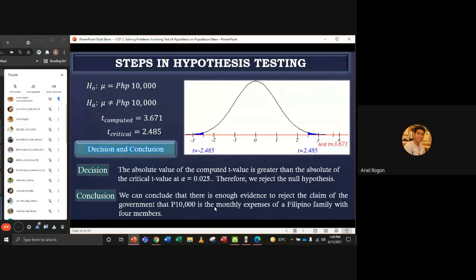What are the possible reasons, based on your family needs? Sa inyo ba, enough ba yung 10,000? Kailangan, pag sa conclusion, we need to support our conclusion. Bakit rejected yung claim ng government? What will be the possible reason?